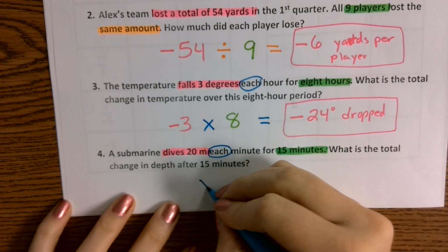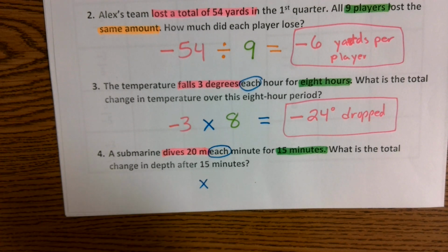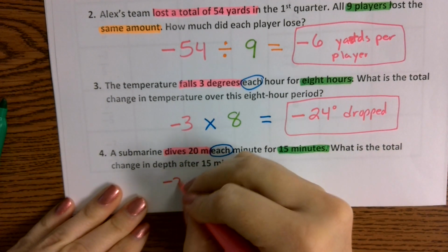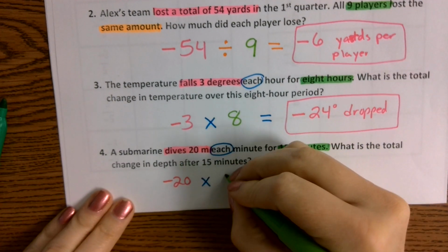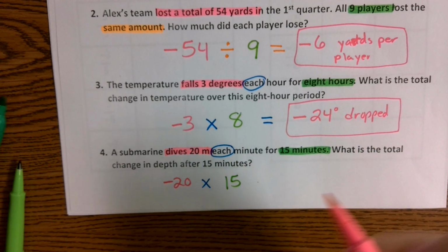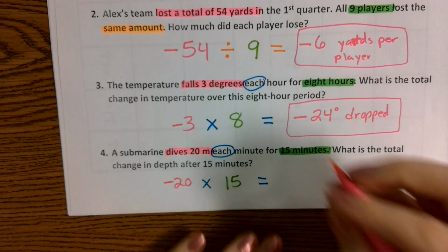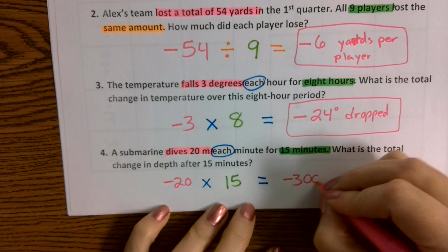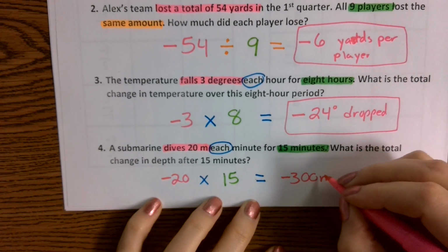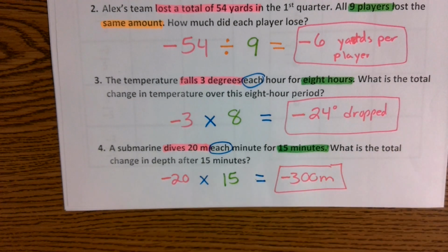That means you are going to be multiplying. So you're taking negative 20 and multiplying it by 15, and that's going to come out to negative 300 meters that you have dived down. Negative 300 meters.